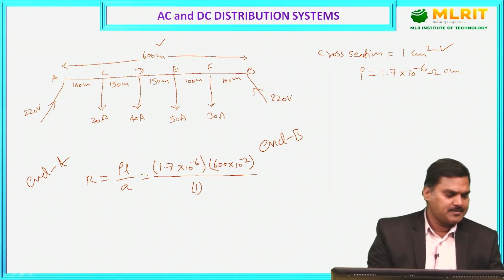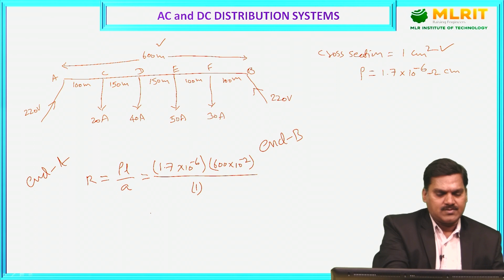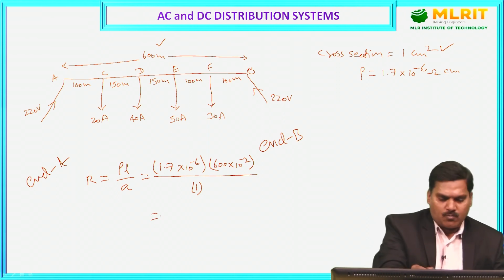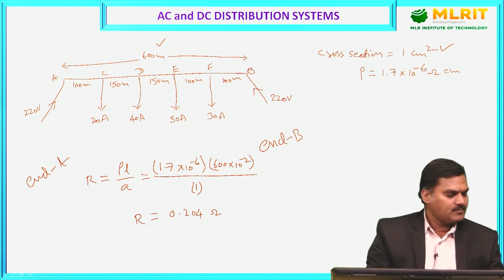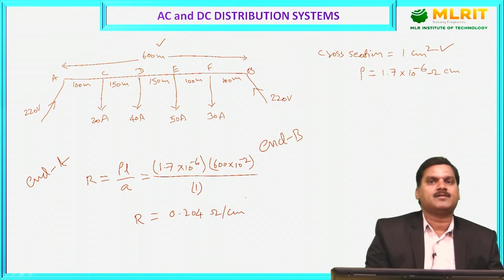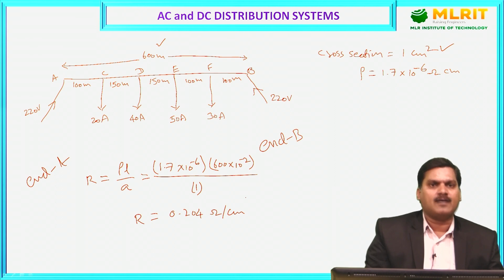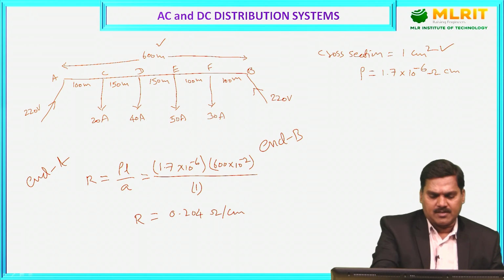By taking all these, finally we get 0.204 ohm. Depending on the situation we take the values either in centimeters or meters. I think it comes under per meter, not per centimeter.